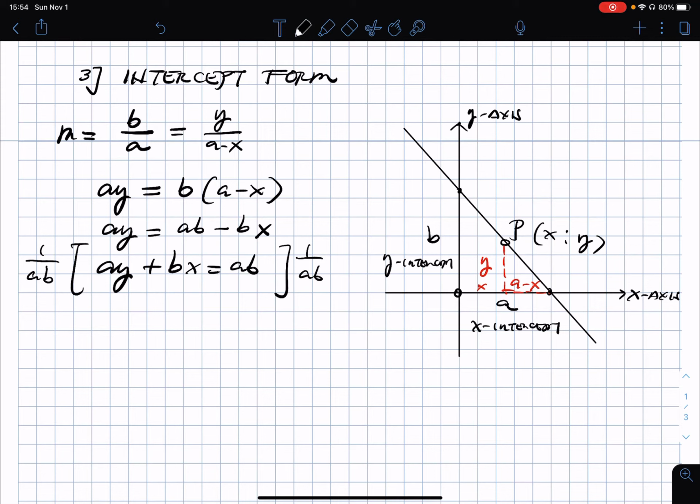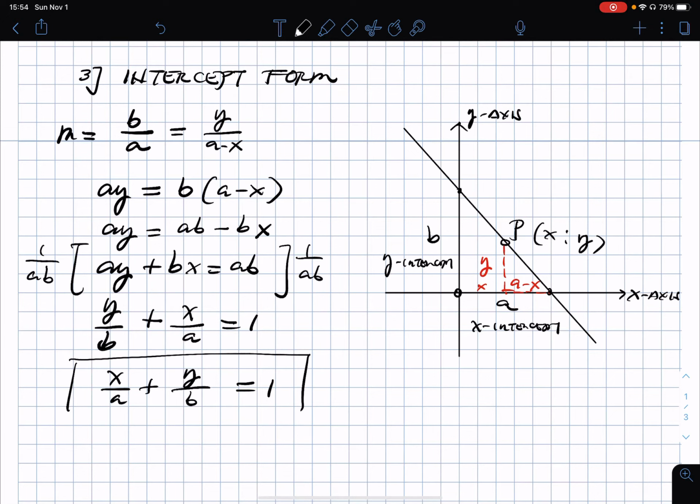Simplifying terms, this will be y over b plus x over a equal to 1, or x over a plus y over b is equal to 1. This is what we call the intercept form, where a is your x-intercept and b is your y-intercept.